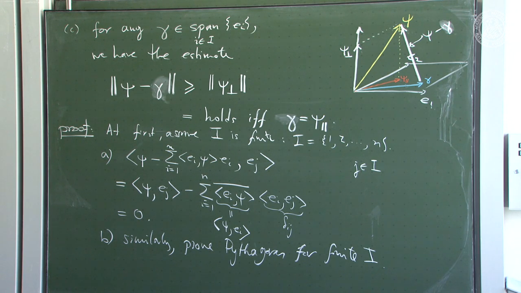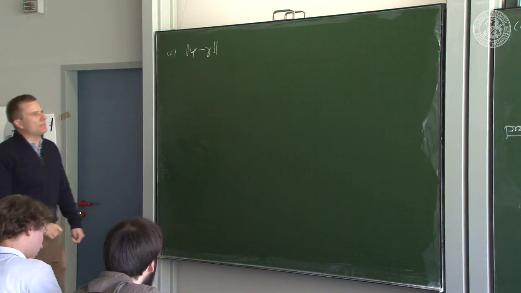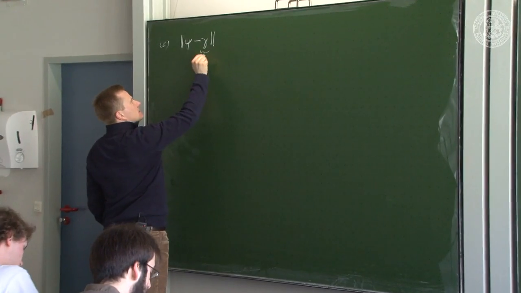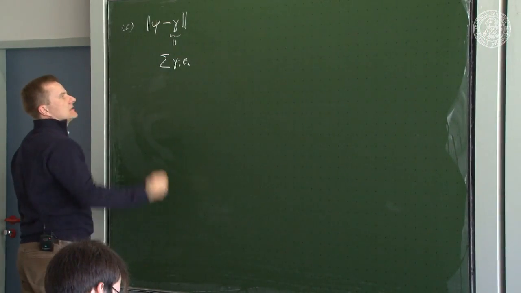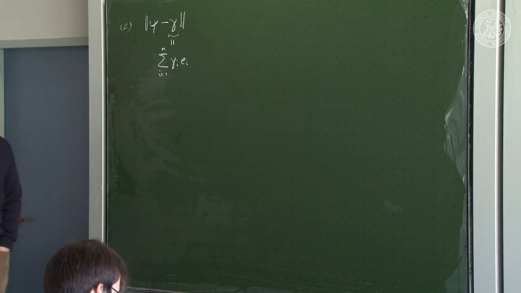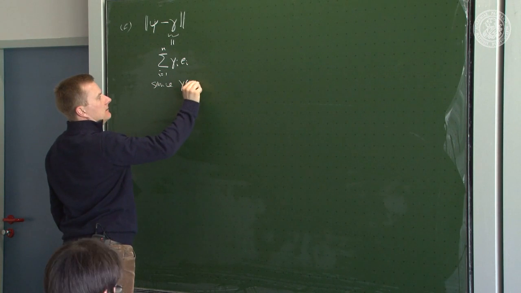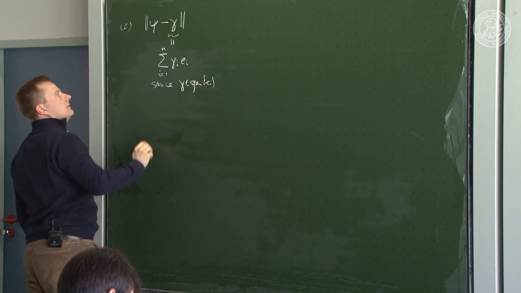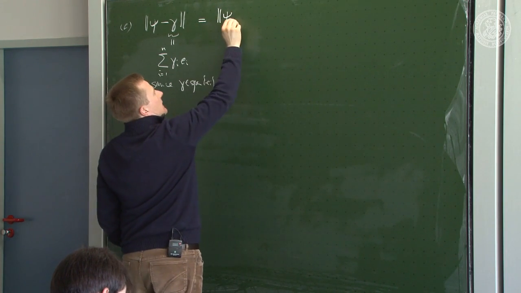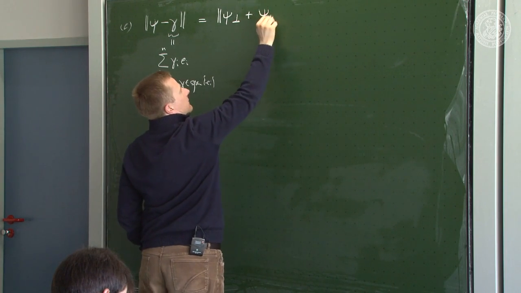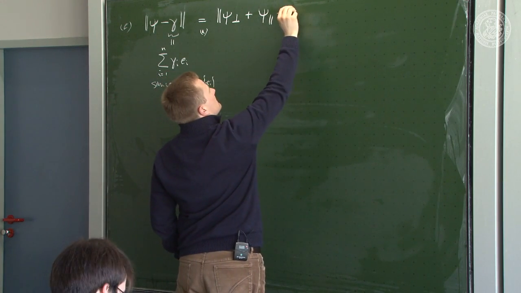So finally, the C part. We just start evaluating psi minus gamma. Now gamma is supposed to be in the span of the ei. That means there exist coefficients gamma i, finitely many, such that I can expand it, since gamma is in the span of the ei by assumption. So I can write this as psi orthogonal plus psi parallel, because of step A, minus this gamma.